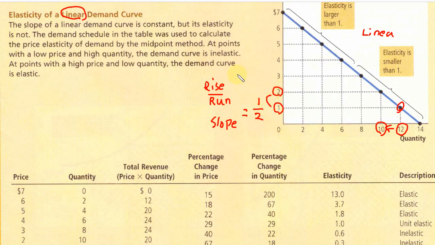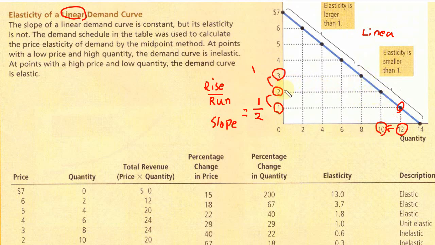So this is the slope, but the slope is constant because this line is linear, right? Look at this, it is the same. This is also a 1 unit increase. Then look at this, 10 to 8, right?